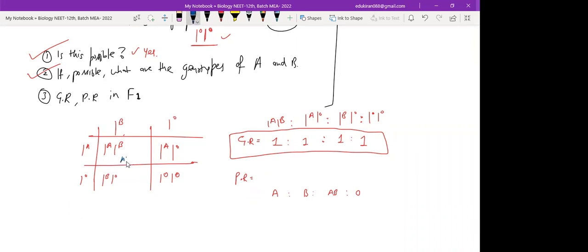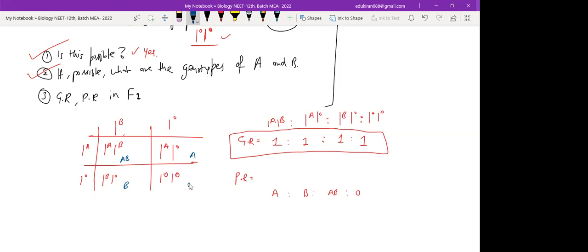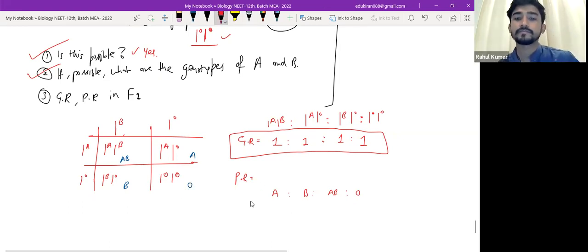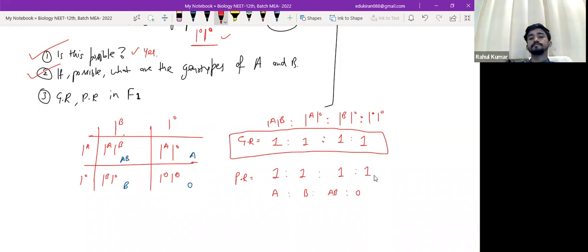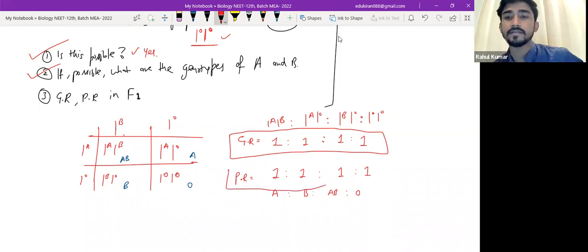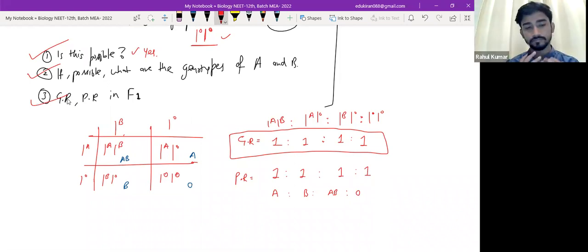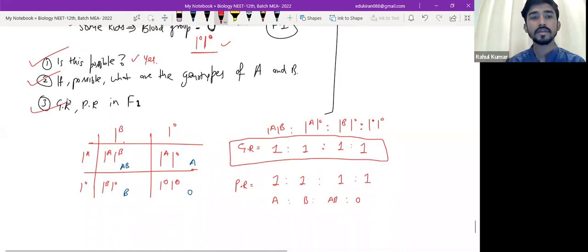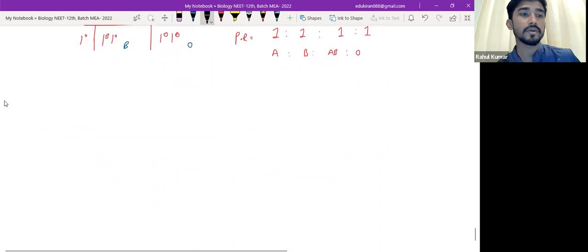Here A. Here B. And here O. So the phenotypic ratio is also 1:1:1:1. Is it clear, everyone? Everyone got the same answer? Very good. So I'll just give you one more question which has come in boards and then we'll move forward. Write down the question.